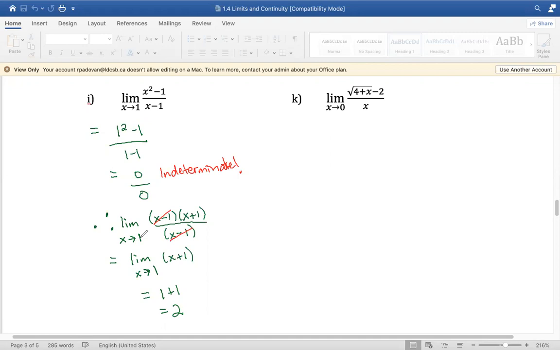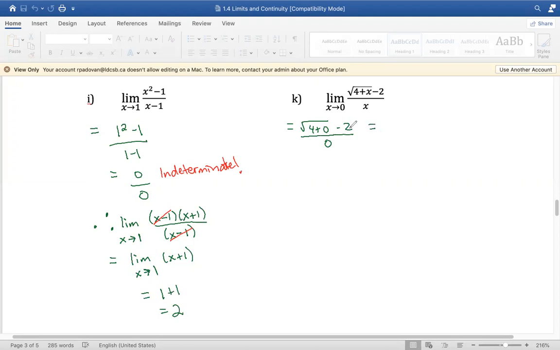Okay, what about the next one that has a radical here? The limit as x is approaching 0 of (the square root of 4 plus x, subtract 2) over x. So first is again just to sub in my 0. 4 plus nothing, subtract 2 over, well, over 0 was already kind of an alert for me there, right?